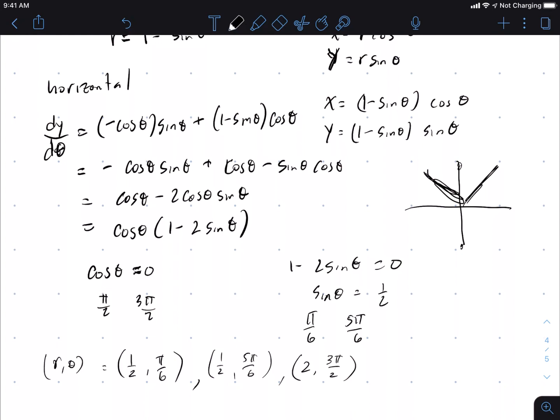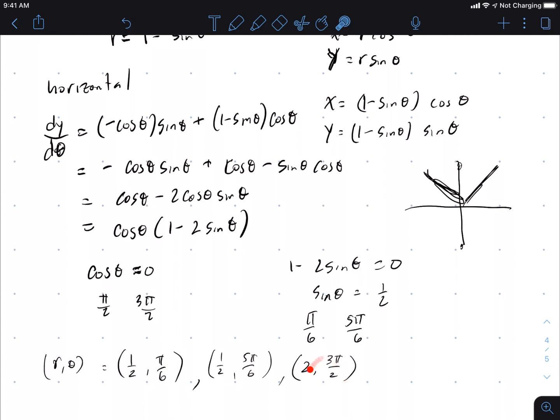Does everyone understand where I got those values? You saw the last one? How I got this one right here? Okay, so you get the angle of 3 pi over 2, right?